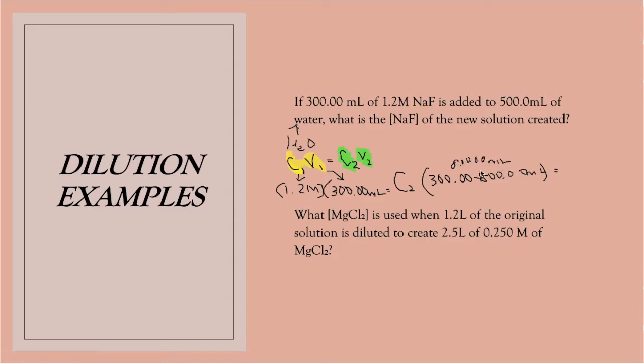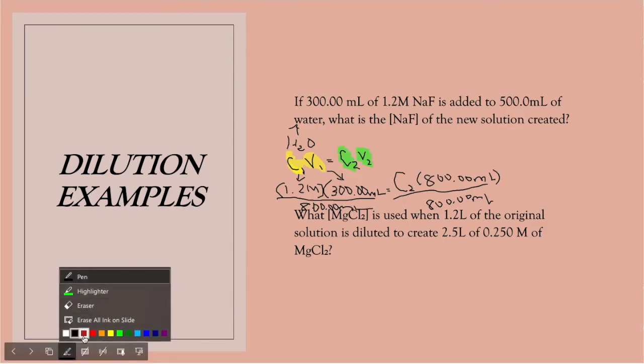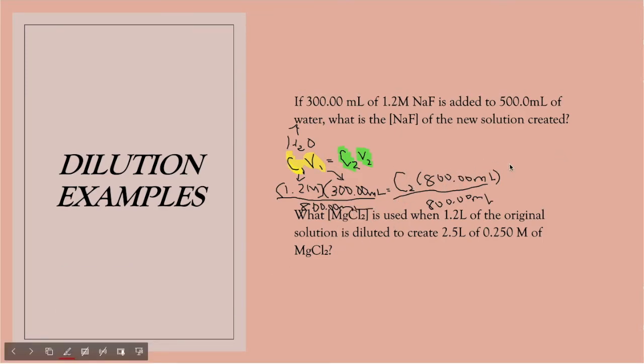And what we want to do here is divide both sides by 800 milliliters, and here's why. We want to leave the unknown variable by itself, right? So we have to single it out, and since it has this 800 milliliters, we have to cancel it out.